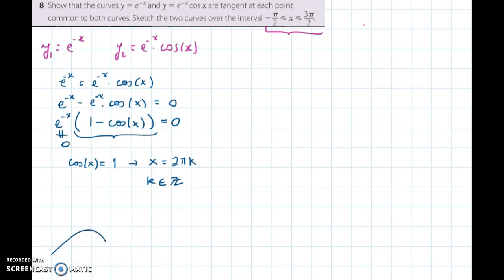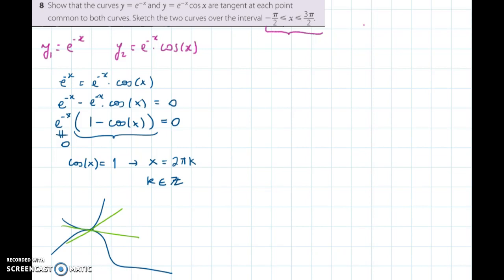You'll see why. Let's say this is one function and it intersects another one here. So I'll draw the tangent of the second one like this and the tangent of the first one like this. So even though they intersect, the tangents don't have to be the same. We want to prove that in this case they are.